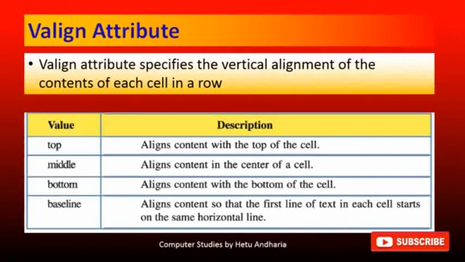If you type V-align equal to bottom, then it will align the content to the bottom of the cell. And last is baseline. If you type V-align equal to baseline, then it aligns the content so that the first line of the text in each cell starts on the same horizontal line.